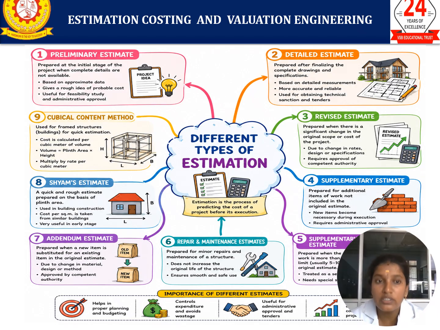It is used for the feasibility of the construction process. That is the preliminary estimate. The detailed estimate is based on the actual process and actual detailed measurements, so it is accurate and reliable, but the preliminary estimate gives only approximate data. It provides the total cost of the project, which is very useful for the construction process.